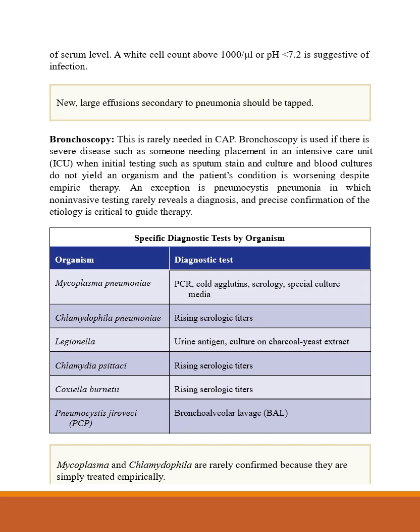Slide number 10 discusses when we have WBC above 1,000 per microliter or pH less than 7.2, which is suggestive of infection.